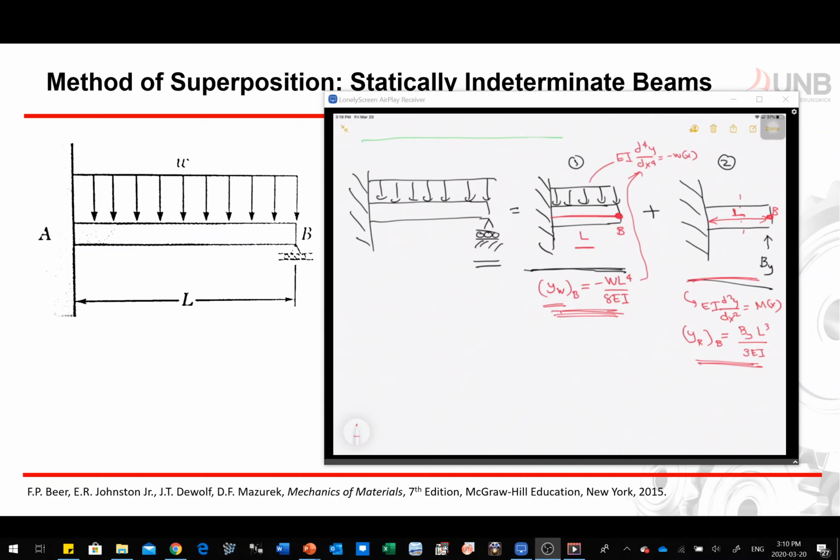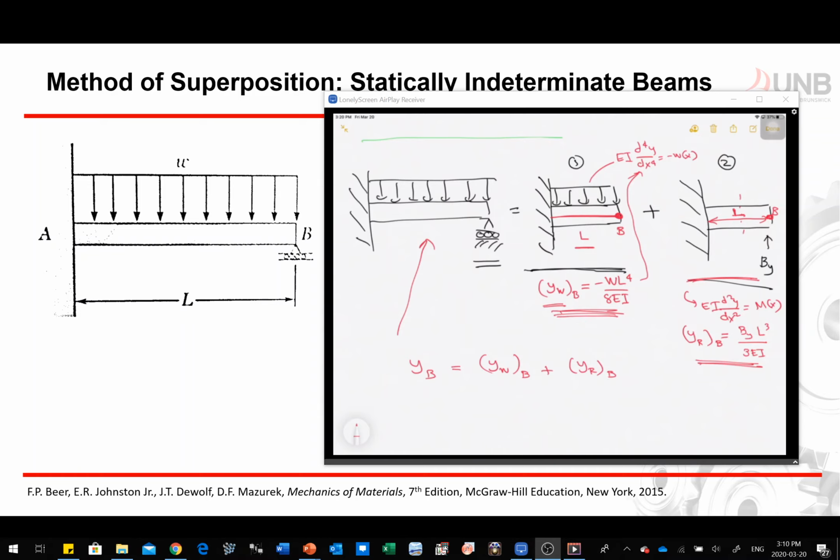Now, similar to the previous problem, we can say that deflection at B, given this system right here, is equal to deflection of our first beam plus deflection of our second beam.